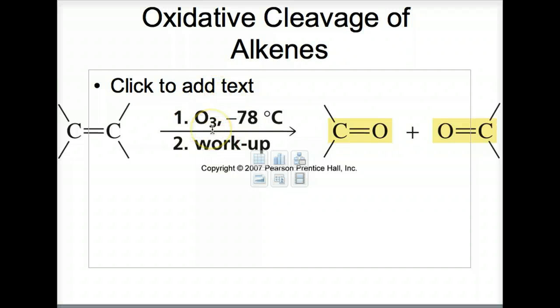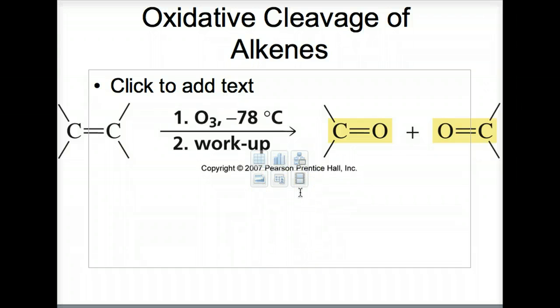Here's ozone, O3. When an alkene is treated with ozone at low temperatures, the double bond breaks. And the carbons that were doubly bonded to each other are now doubly bonded to oxygen, in both cases. This oxidation reaction is called ozonolysis.